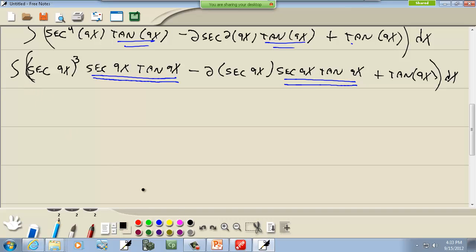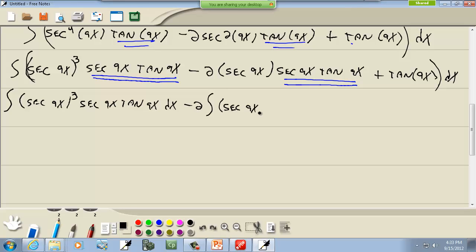Let me split them in separate integrals. Long problems. Okay. So this is secant 9x to the third, secant 9x tangent 9x dx, minus, put 2 out in front, and then we got the integral of secant 9x the first, and then secant 9x tangent 9x dx, plus, and then the integral of tangent 9x dx.